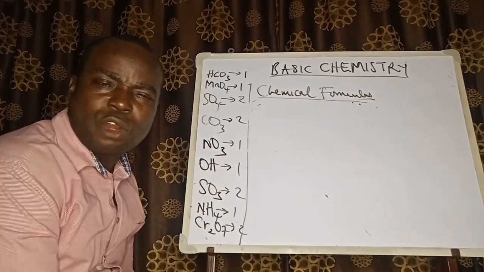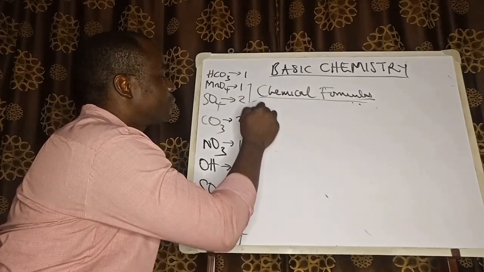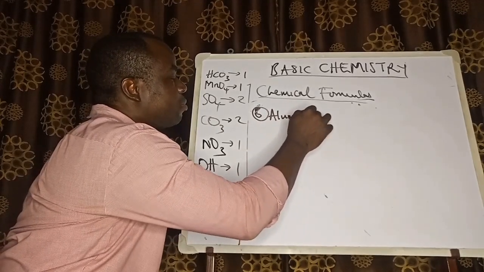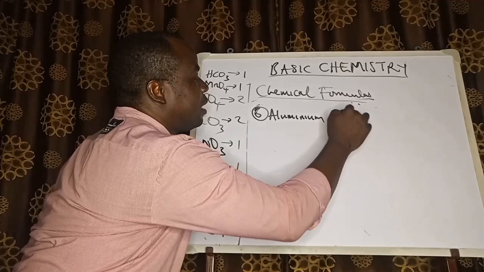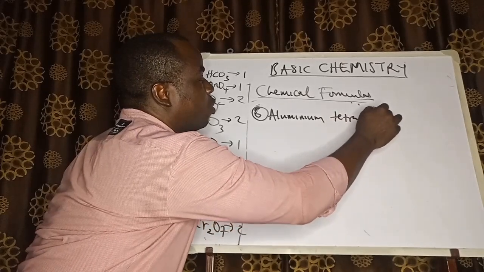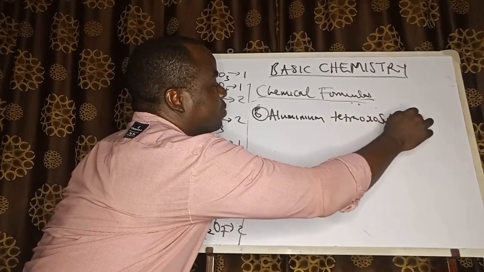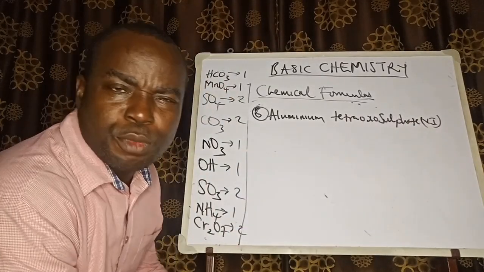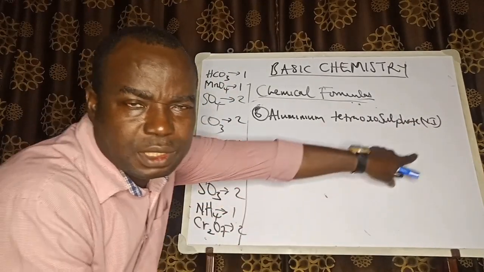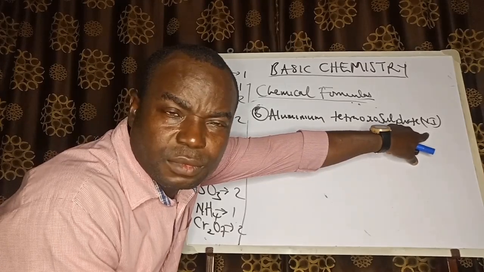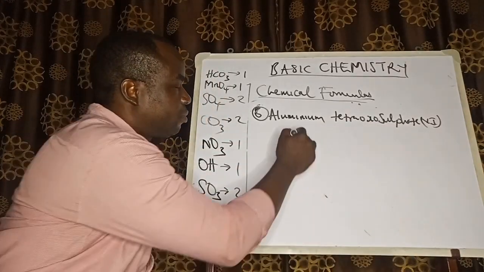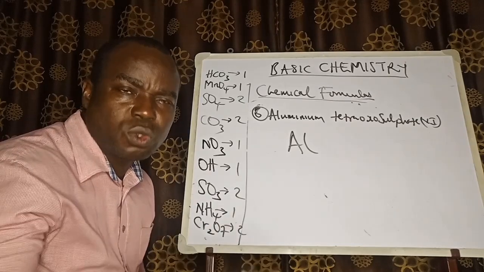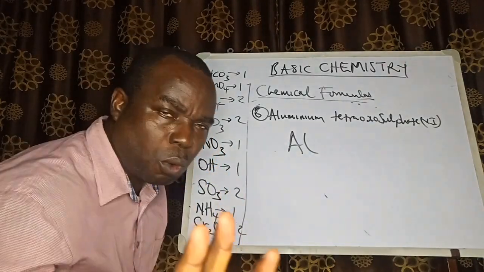Let us look at aluminium tetraoxosulfate. This is aluminium tetraoxosulfate 6. Okay, what is aluminium? Al, right? What is tetraoxosulfate? Tetra means 4.